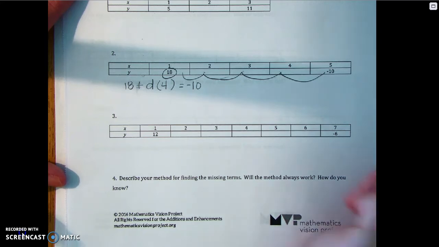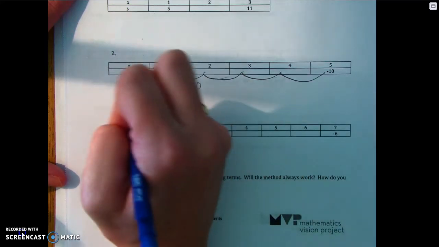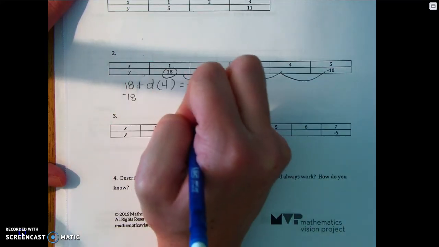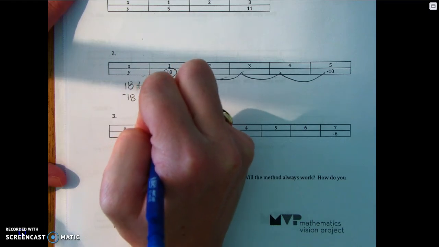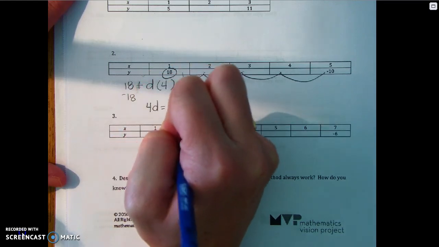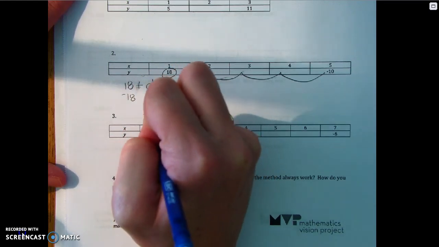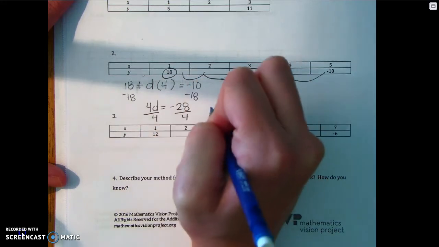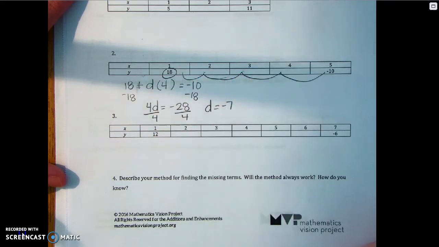So if I solve this equation, I can subtract 18 from both sides. 4d is equal to negative 28. Divide by 4, divide by 4. D is equal to negative 7.